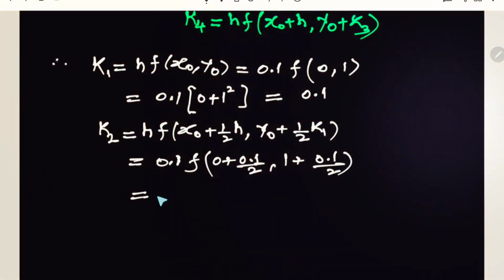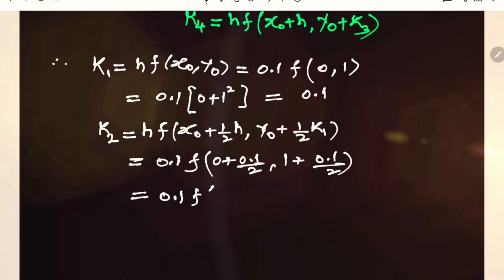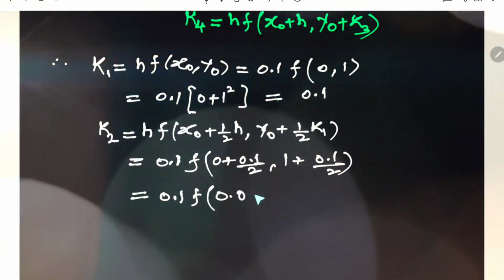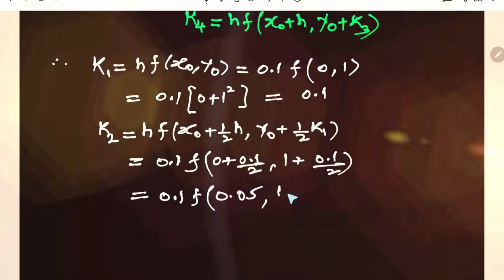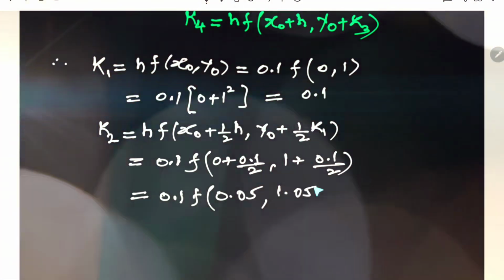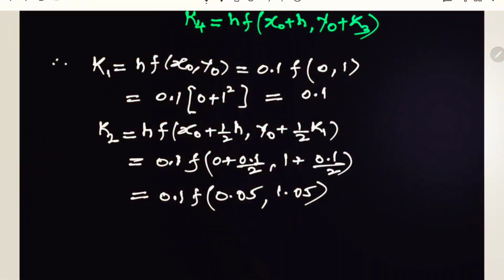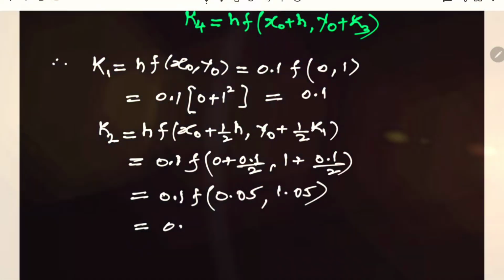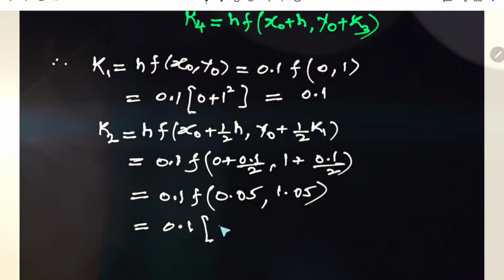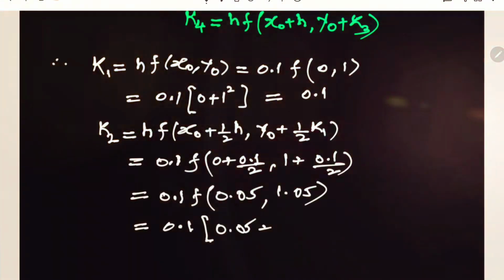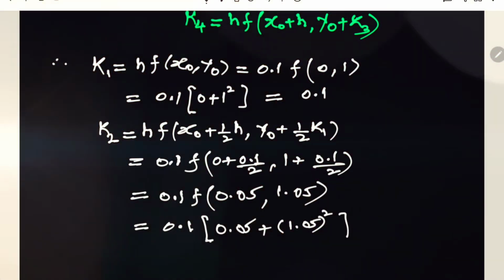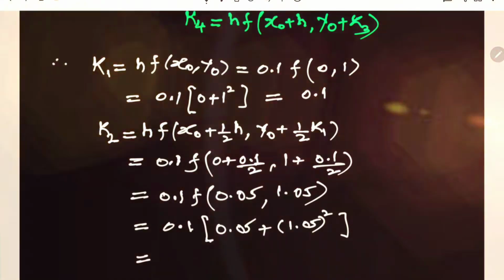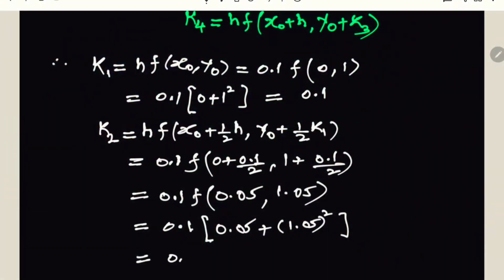Then simplifying it, we get 0.1 as it is, f of 0.1 by 2 is 0.05, and 1 plus 0.05 is 1.05. And then finding the value of f of x y as x means 0.05 plus y square means 1.05 whole square.